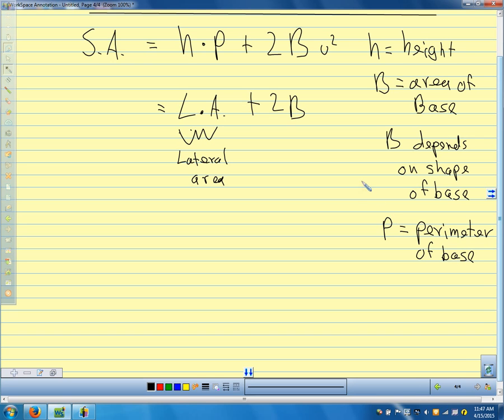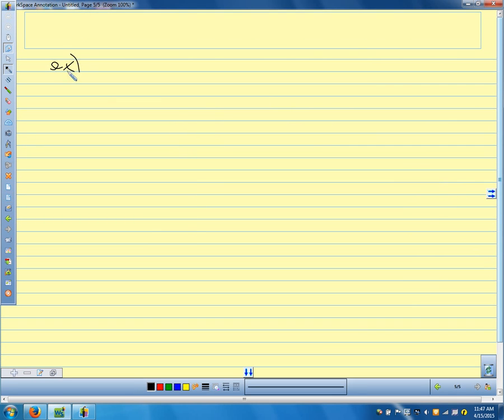All right, so let's look at an example. So we're going to say this is a right prism. And here is my, there's one base.